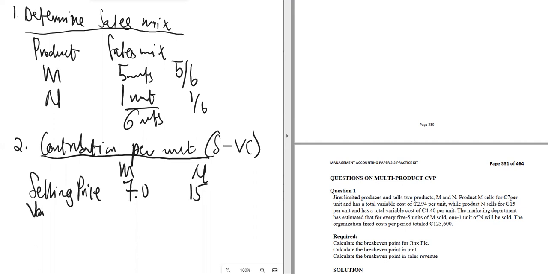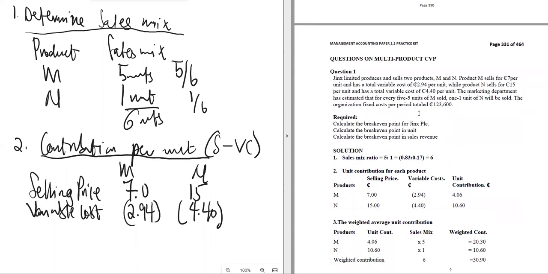So what's the variable cost? Variable cost for the first one, which is M, is 2.94. And then for the other one, that's 4.4. Once we have this, we can start getting the contribution.